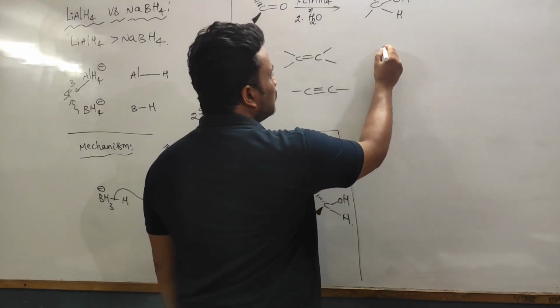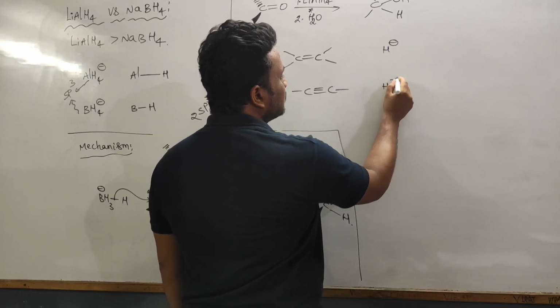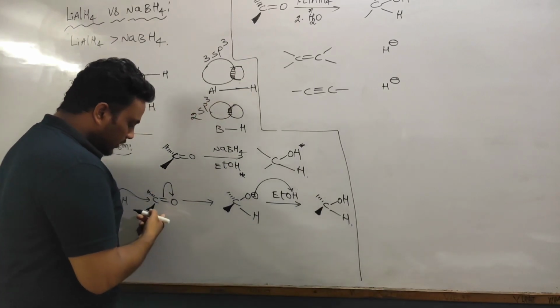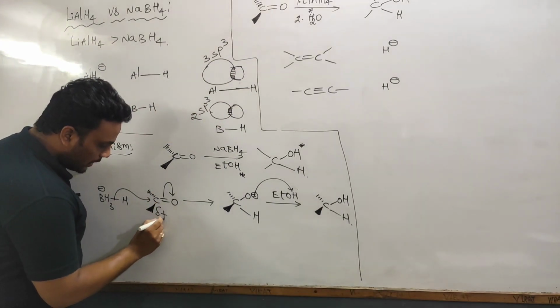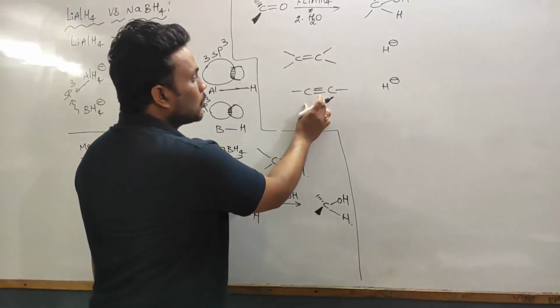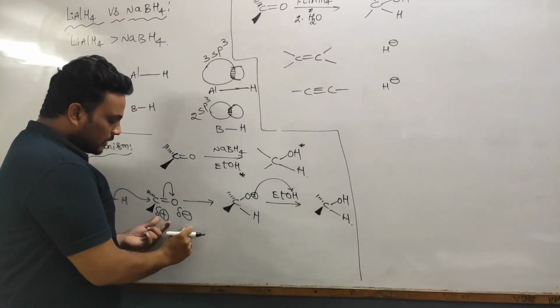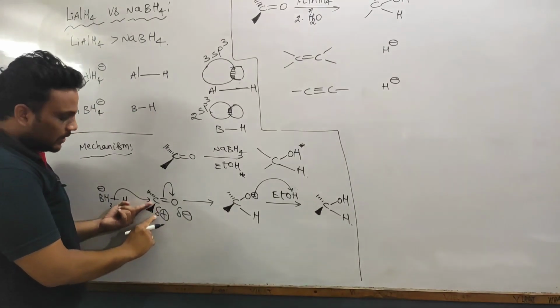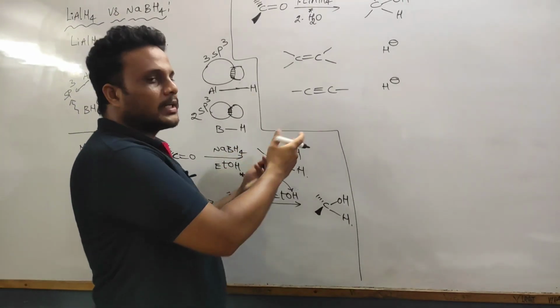Actually, from lithium aluminium hydride, the reactive species is the hydride ion. Some functional groups, like the carbonyl group, are polar multiple bonds, but alkenes and alkynes are non-polar multiple bonds. Charge separation is there in the carbonyl, so the hydride ion can attack this electrophilic carbon. But here there is no charge separation.